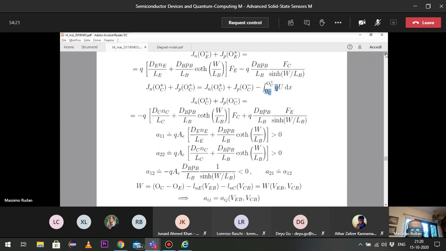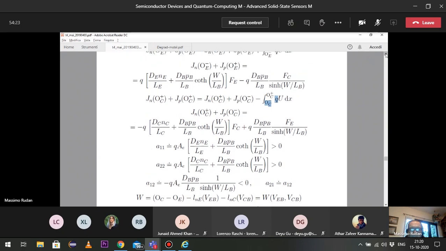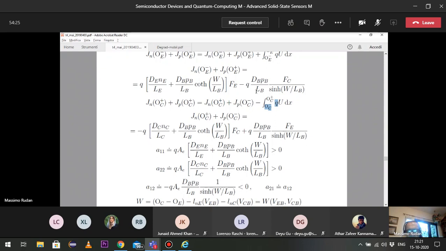Then we have other two terms. One term is this. It is the term that multiplies Fc in the first equation. And then we have the term that multiplies Fe in the second equation, okay? So again, you see it is the same term: Q dB PB over LB divided by the hyperbolic sine of W over LB.